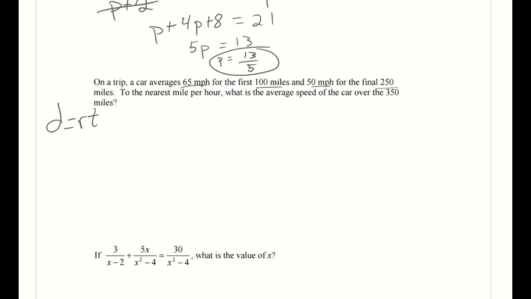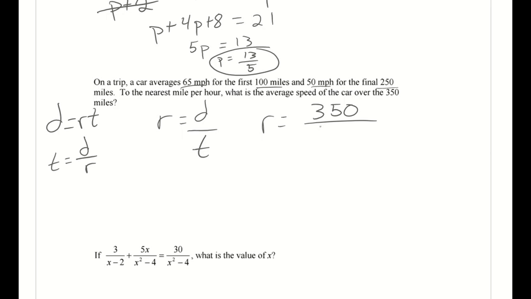Okay, so our average speed, if we take this equation, we divide both sides by time, so it's our total distance divided by our total time. So our total distance is 350 miles. So our total time, we're also manipulating this equation, so time is equal to distance divided by rate.